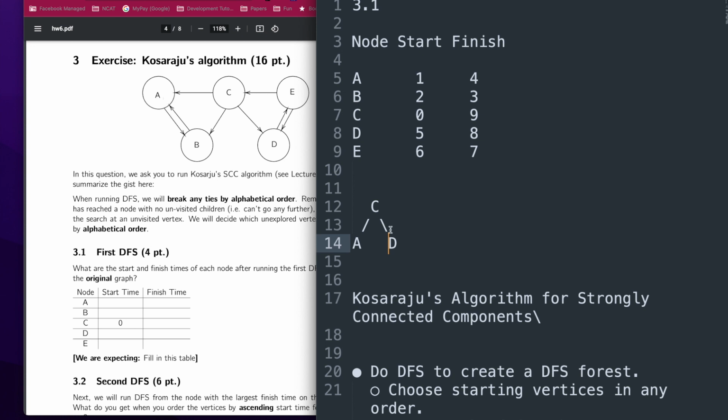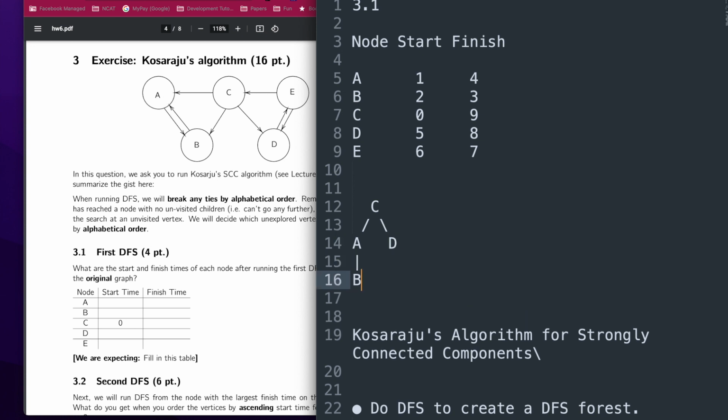We actually got to B from A. So A had 1 child, which was B. And D also had 1 child, which was E.